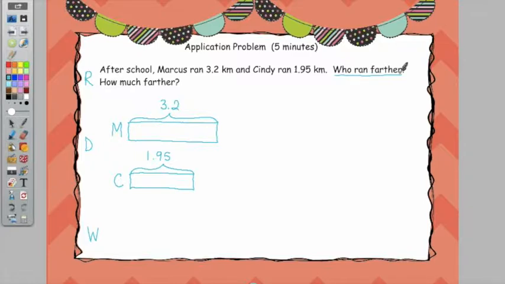Because it says who, how. Okay, but there's something we're doing here that tells us we're going to subtract. Are we putting things together or are we comparing two things? Comparing. We're comparing two things, and when you compare two things, most of the time you are going to subtract, okay? So how do I make this drawing show subtraction? Because I didn't put my question mark on there anywhere.